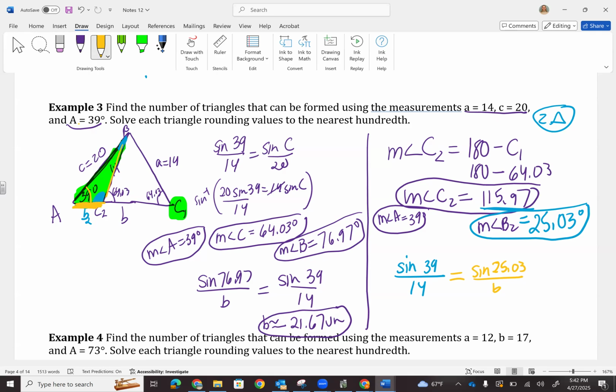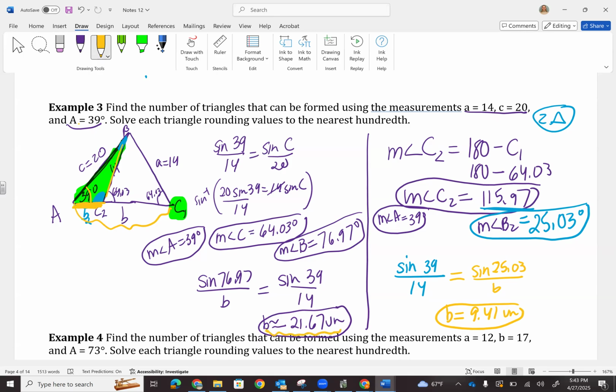If we cross multiply and solve it, B equals 9.41. Now notice, it's 9.41. The other one, the bigger triangle, B is 21.67.